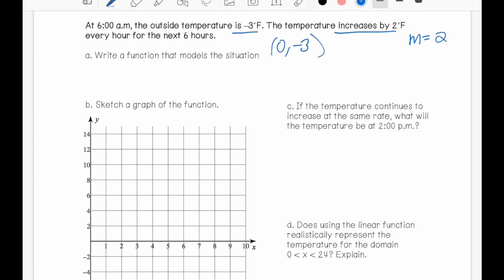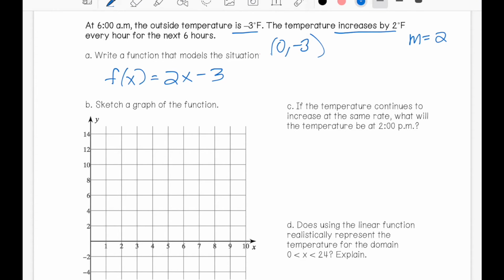So writing my function, I'm going to start with my function notation, so I'll put f of x is equal to, if I'm still writing it in slope-intercept form, that's going to be like y, but in this case f of x, equals mx plus b. So m we said was 2, and then I still leave the x there, plus b, since it's a -3 as my y-intercept, I can do that as -3.